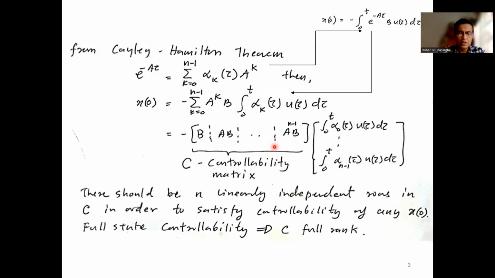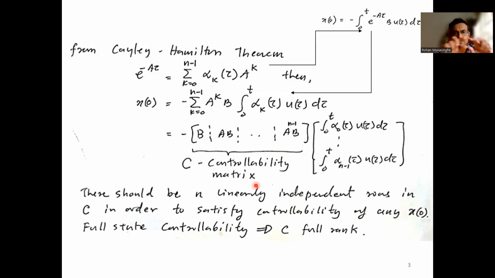Now, if you are to have a solution for this simultaneous system of equations, it is very clear that this matrix should be non-singular, and it has to be a full rank matrix. In other words, if you look at the rows of this matrix, they should be linearly independent, which means there should not be any row that is a linear combination of other rows.